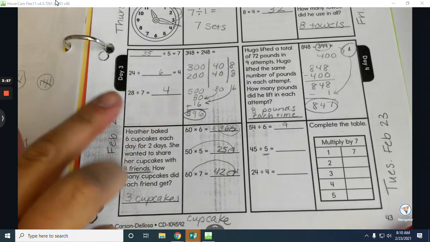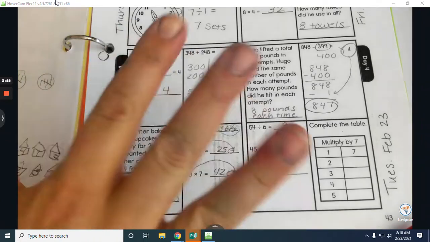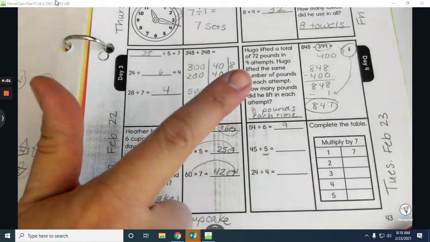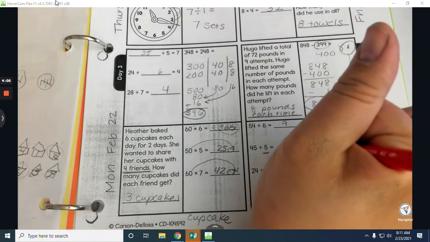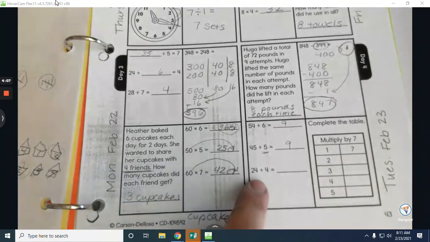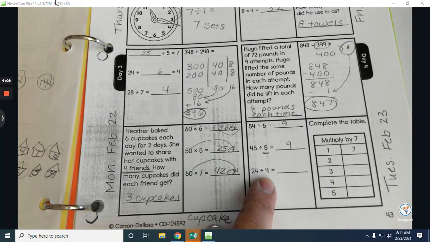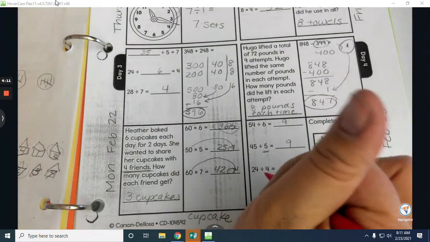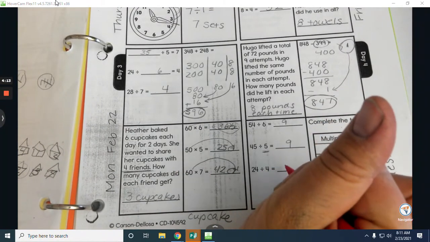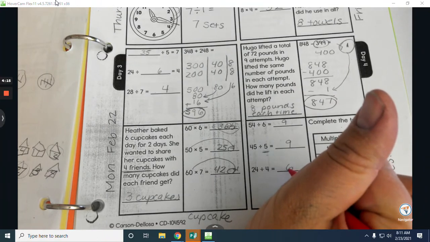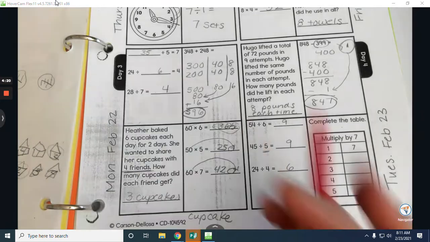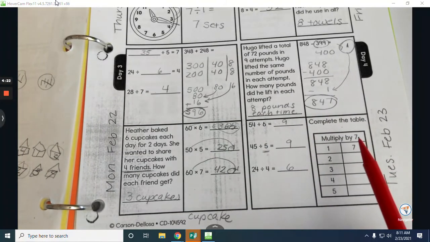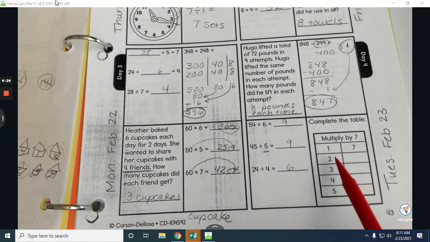So 5, 10, 15, 20, 25, 30, 35, 40, 45. I did that 9 times. And then 24 divided by 4. Okay, well, I know that there's a relationship between 4 and 6 and 24, so 24 divided by 4 equals 6.